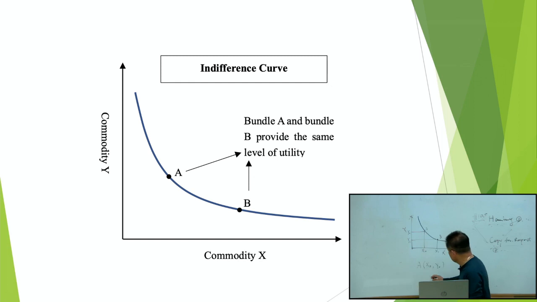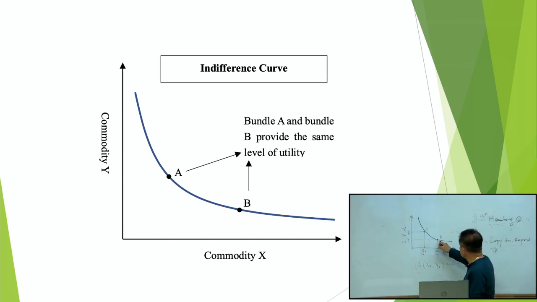And B point is the X1, Y1 point. For example, it's 10 and 20, something like that. So whether I choose A or B, it doesn't matter what the amounts X0, Y0, X1, Y1 are, because they are equally satisfying for my choice. This is the indifference curve.